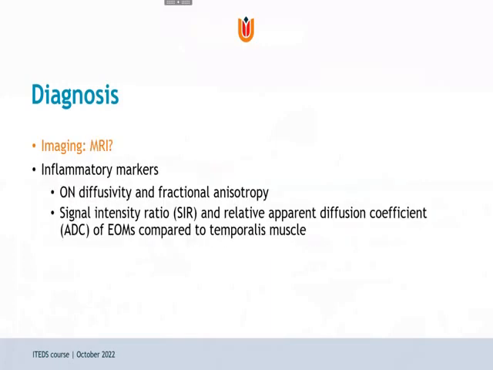MRI, as I said, allows for evaluation of inflammation. And in DON, it's been shown that optic nerve diffusivity and fractional anisotropy might play a role in the diagnosis, might have some value. And recently, we also studied the signal intensity ratio and relative apparent diffusion coefficients of the EOMs compared to the temporalis muscle.